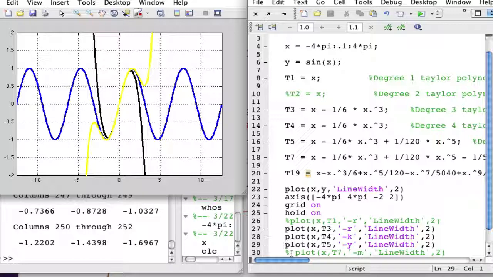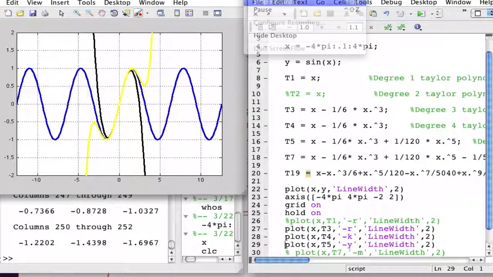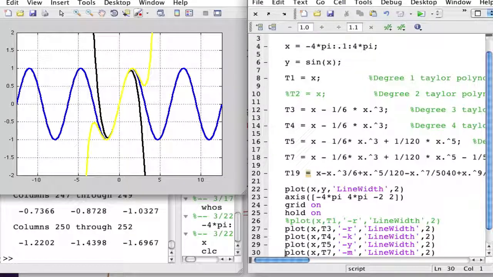A little bit better, right? The 3rd degree loses it right around there, but now the 5th degree follows it along a little bit longer. And then what would you expect for the 7th degree? A little longer, right? See, it follows it along for quite a bit.